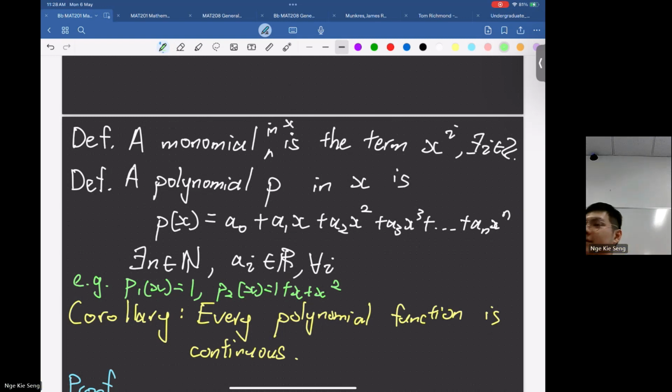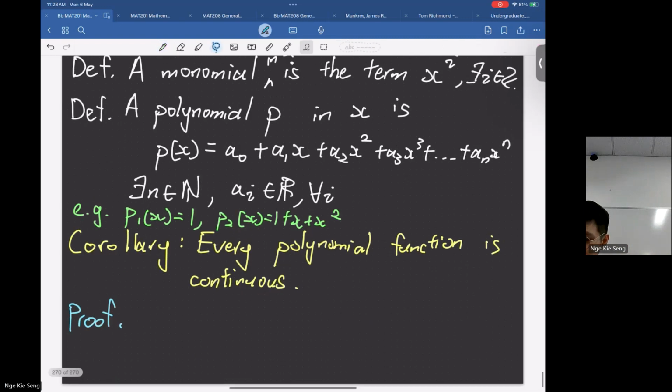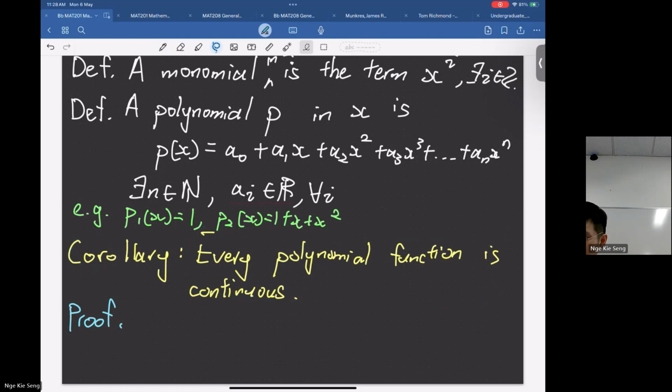Why? How do we build all these polynomials up? It's like a product of x, and then add up with different powers of x. Some are monomials. So how do you build our monomials?